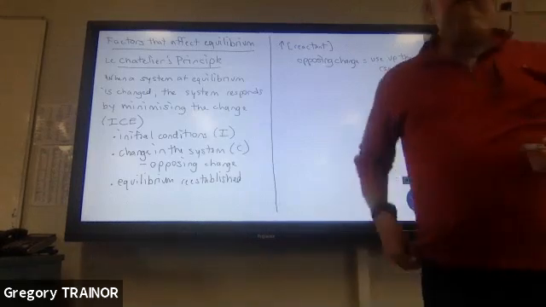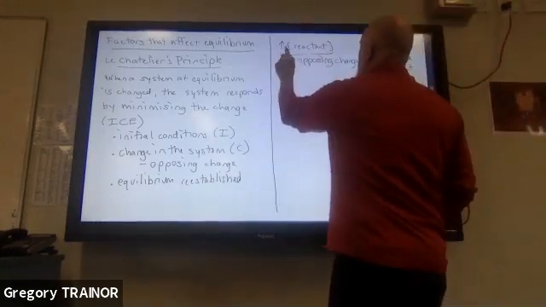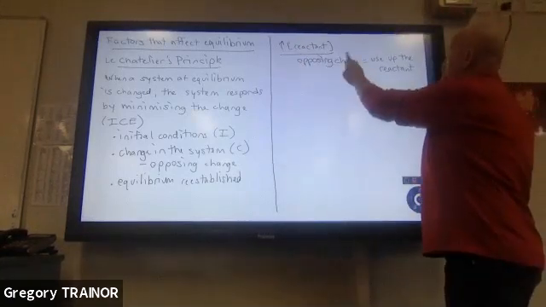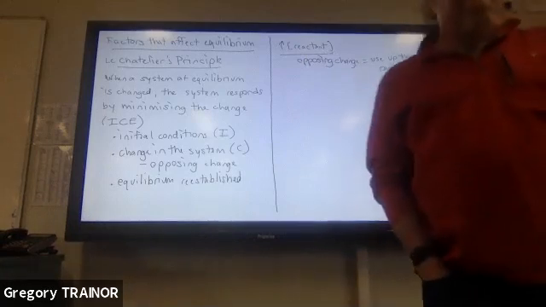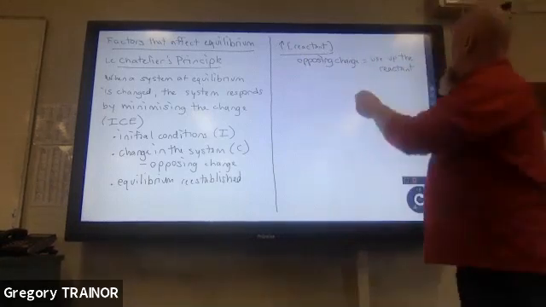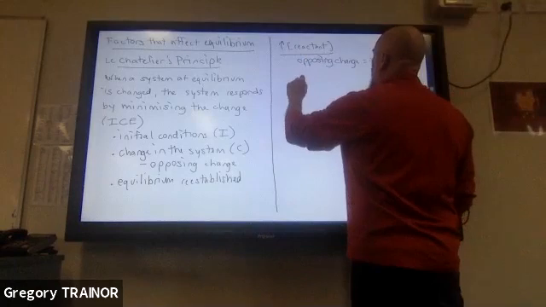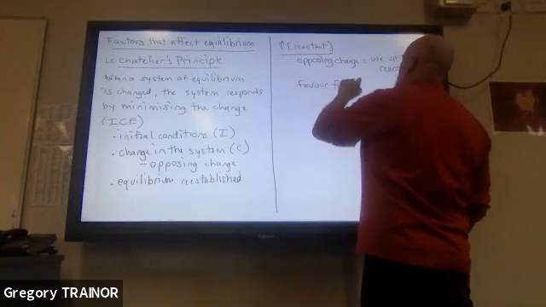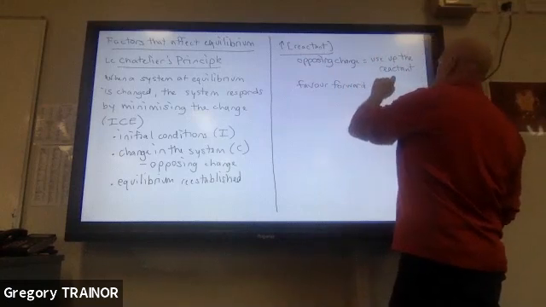All right, so if we've increased the concentration of any of the reactants, the opposing change will be to use up the added material. So this will favour the forward reaction.